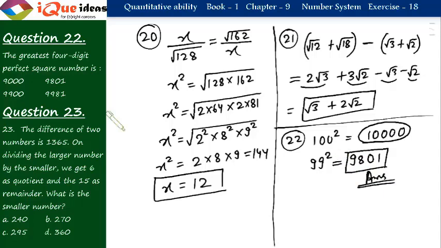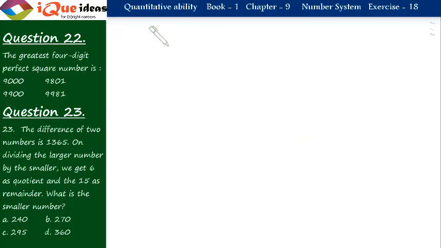Now let's take up the next question, question number 23. It says the difference of two numbers is 1365. Okay, so the difference of two numbers, let's say the larger number is A and the smaller number is B. So it is A minus B equal to 1365. Okay, and the second information says on dividing the larger number by the smaller, we get 6 as quotient and 15 as remainder.